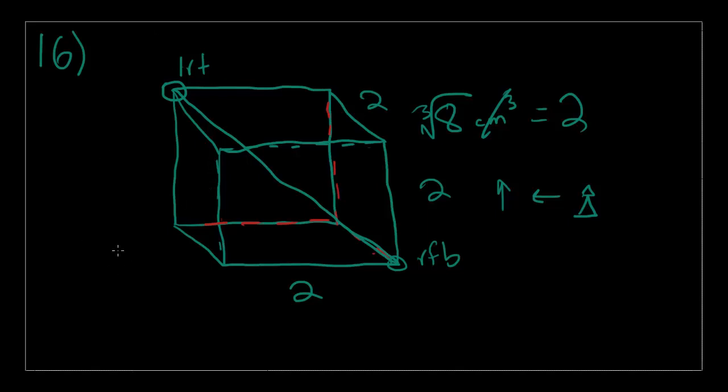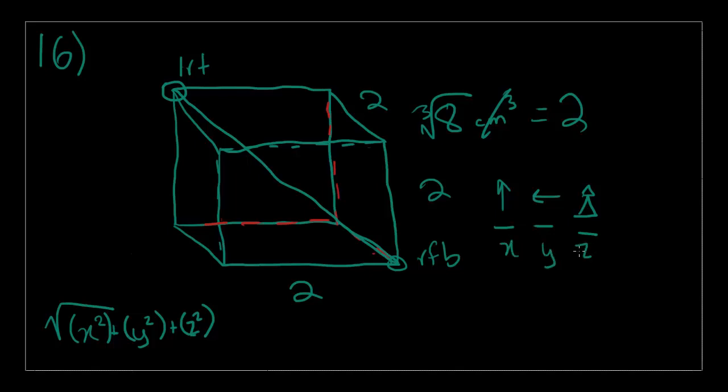You also have a distance formula for 3D objects, just like 2D objects. So the distance formula for a 3D object is the square root of x squared plus y squared plus z squared. So the square root of all of that. And we can count these directions as the 2's, the x, the y, and the z.